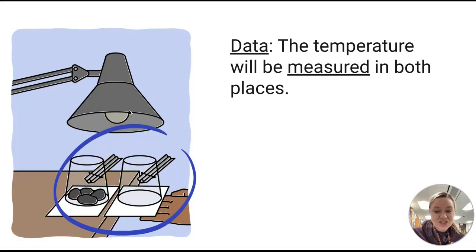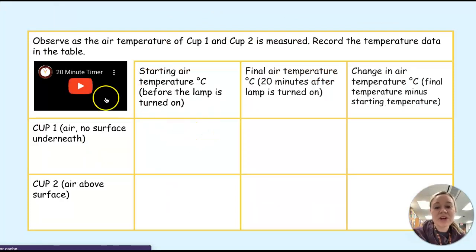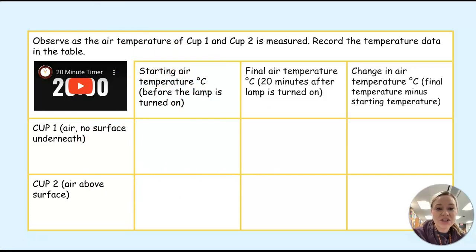So we are going to measure the temperature. That's our data, right? We're going to look at how we can measure temperature. We are going to use a chart that looks like this. So we need to start by gathering our initial temperature, and we are going to measure that temperature prior to turning on the sun or turning on our light. We're going to put that number here and that temperature here for cup 1 and cup 2.